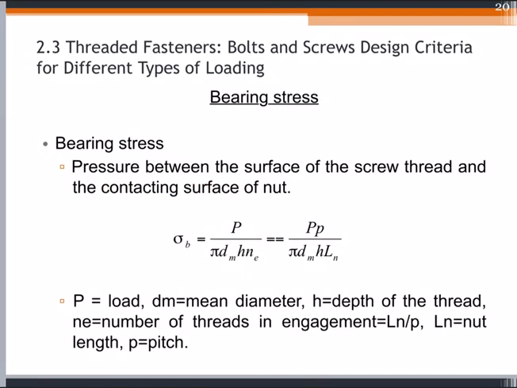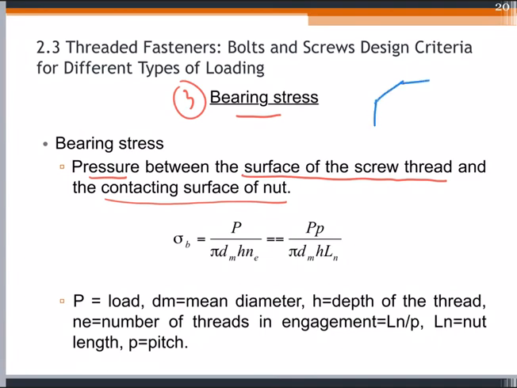The third type of stress is the bearing stress. Bearing stress is the pressure that occurs between the surface of the screw thread and the contacting surface of the nut. Let's say we have a nut here, and we cut it at the middle and look from here.